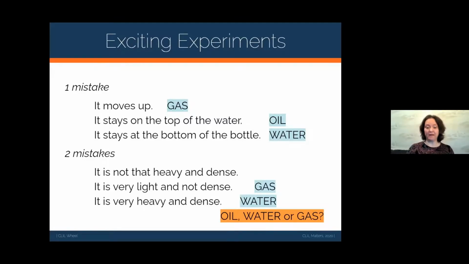It is very heavy and dense. So this medium, it is not that heavy and dense, is oil. So again, I'm trying to bridge everyday language, concepts that students know, like heavy and light, with the academic terminology like dense and density.